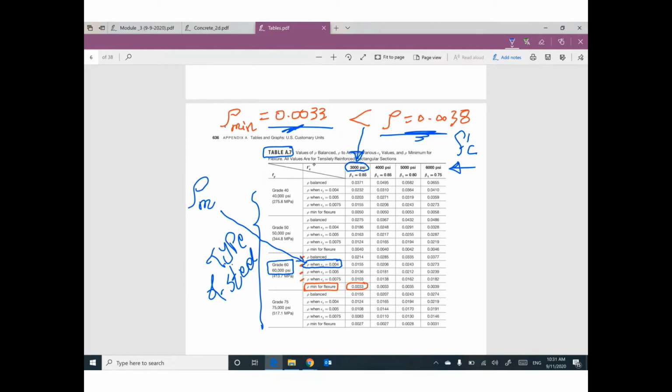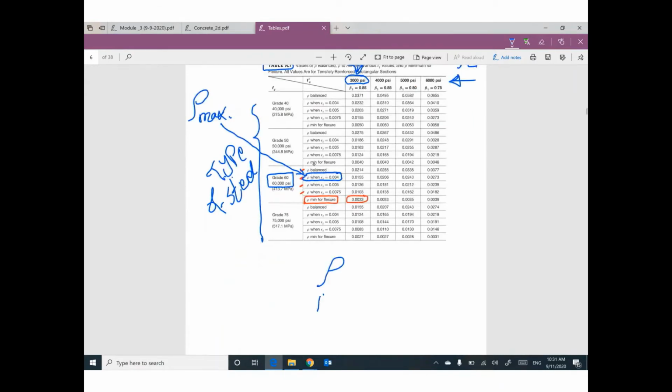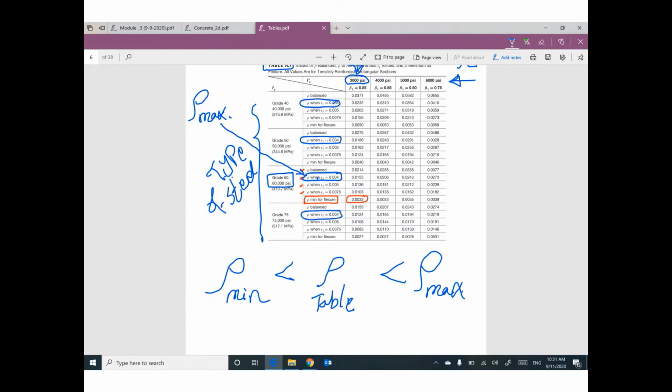So your rho from a table must fall between rho minimum and smaller than rho maximum. Rho maximum happens at epsilon equals 0.004. This one, or this one, or this one. This rho represents the maximum rho.